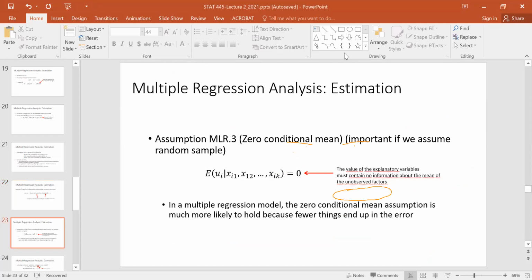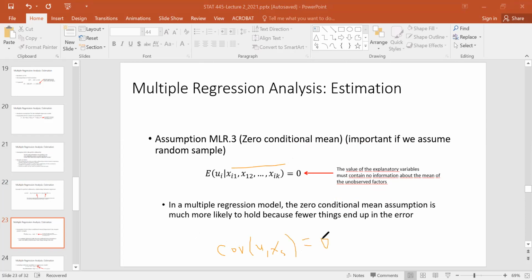So our third assumption, which you are familiar with, is the zero conditional mean. I explained this in a simple regression. We say that the value of the explanatory variables must contain no information about the mean of unobserved factors. The value of the explanatory variables should contain no information about the mean of the error term. I told you students tend to understand a watered down version, that the error and your regressors should not be related.